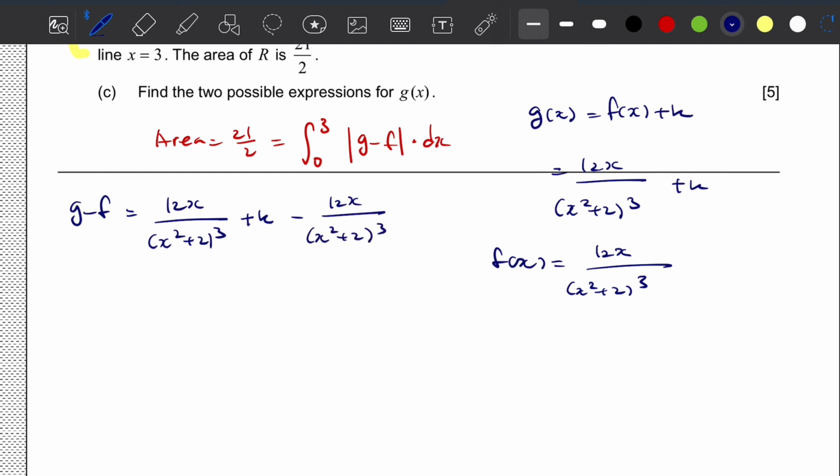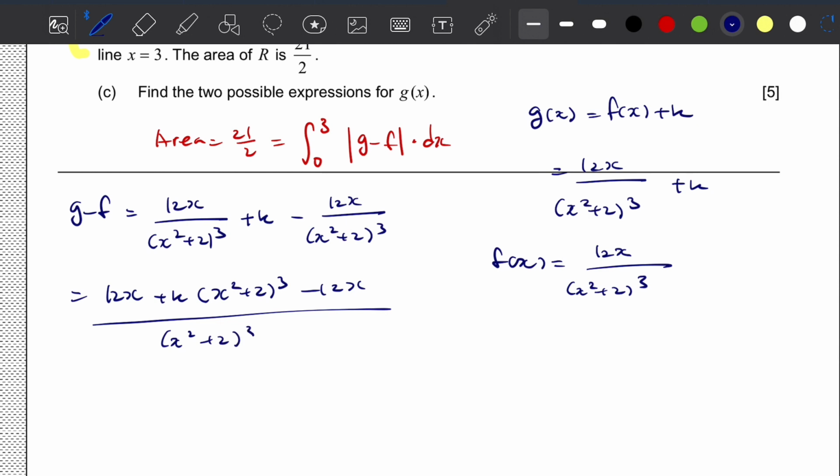Then we can first make these terms have the same denominator, right? Then this is the same as 12x plus k times (x squared plus 2) to the power of 3, minus 12x, over (x squared plus 2) to the power of 3, right? Then this gets simplified, and we know g minus f is the same as k times (x squared plus 2) to the power of 3 over (x squared plus 2) to the power of 3.